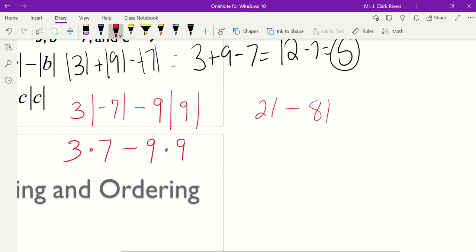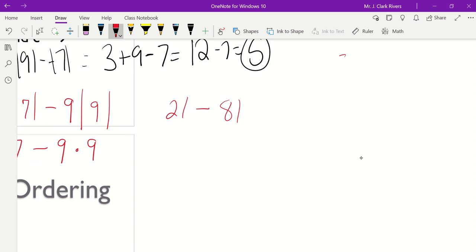Now, think about 81 minus 21. What's 81 minus 21 equal to? It is 60, yeah, right? We take 1 away and we get to 80, then we take 20 away, we get to 60. So what do you think 21 minus 81 is going to be? It's actually negative 60. So this is going to be negative 60.